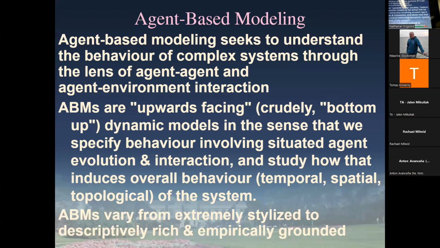The fact is you can go down arbitrarily far, but it's upwards facing in the sense that we often have these populations of agents and they give rise to higher level behaviors. You saw it this morning with these agents whose weight was evolving and decisions about food choices and exercise were evolving. And it rippled up to those patterns we saw for the model as a whole, this relationship between weight and distance to a convenience store or grocery store compared to convenience store, et cetera.